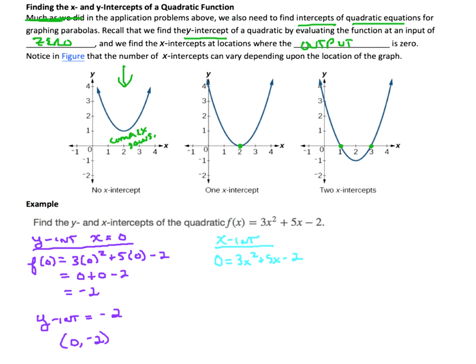Okay, so I'm going to use the AC method to factor this. A is 3, C is negative 2, which gives me negative 6. I'm looking for what multiplies to make negative 6 but adds to make positive 5, and that is positive 6 and negative 1.